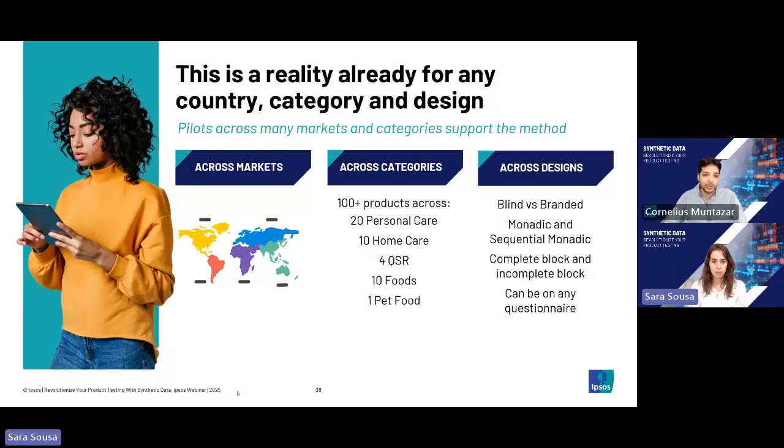The best part of this is that now it's not just a theory. We've done all of the hard work and it's already applicable in real life to what you are doing today. We've successfully implemented this method across really diverse markets, categories, and research designs, from home care to food products, from countries like Brazil all the way to Vietnam, in both blind and branded tests. And in all of those cases, it was quite consistent.